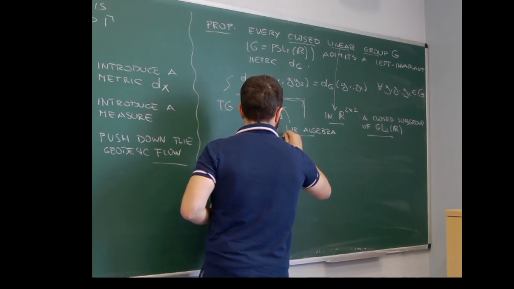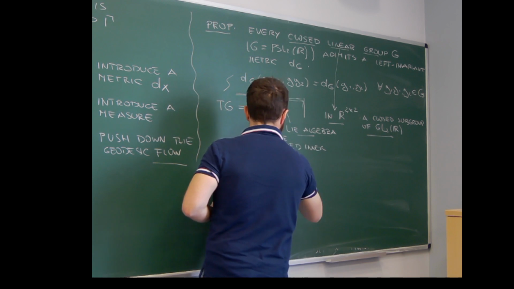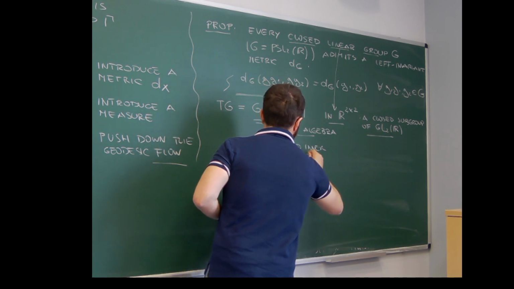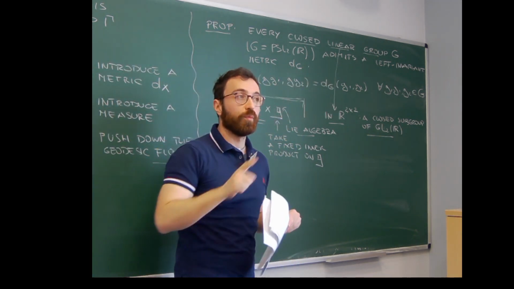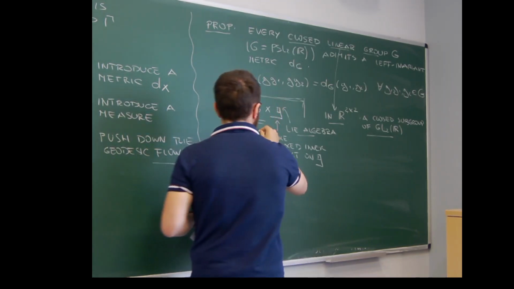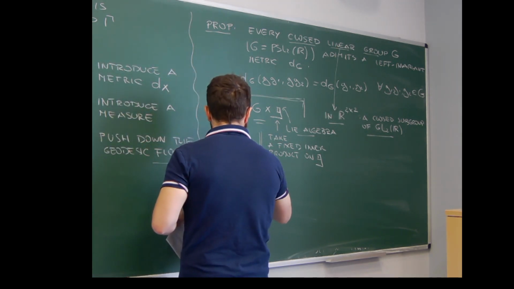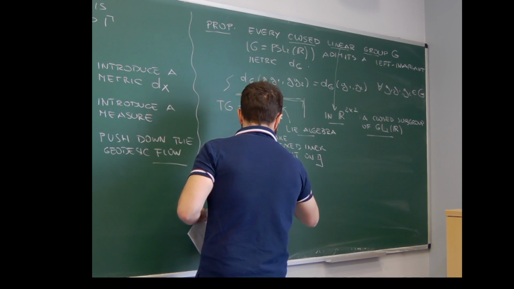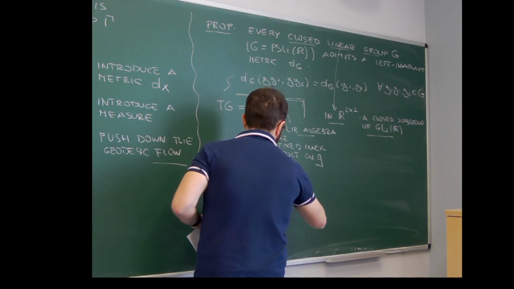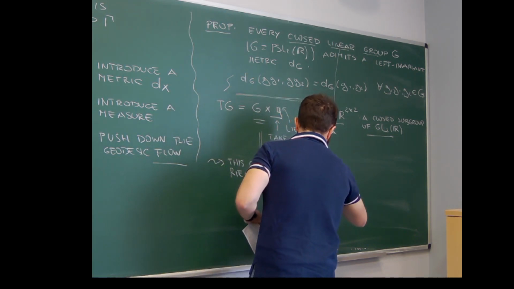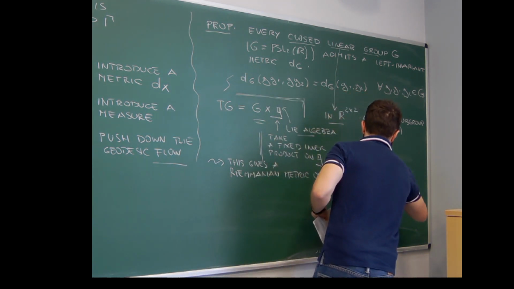Take a fixed inner product on the Lie algebra, and then you can drag it around your group G. This allows you to essentially define a Riemannian metric on G, and therefore a distance.